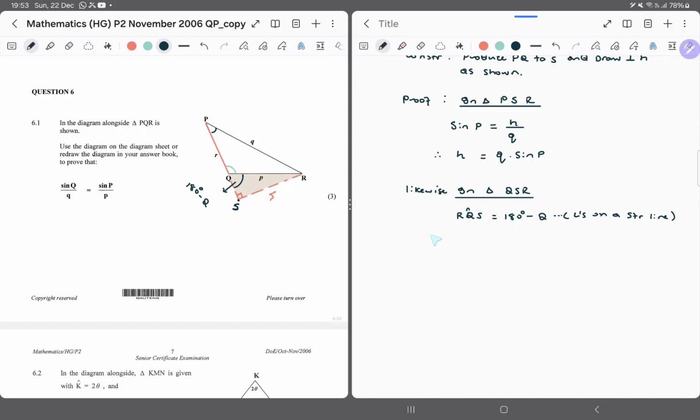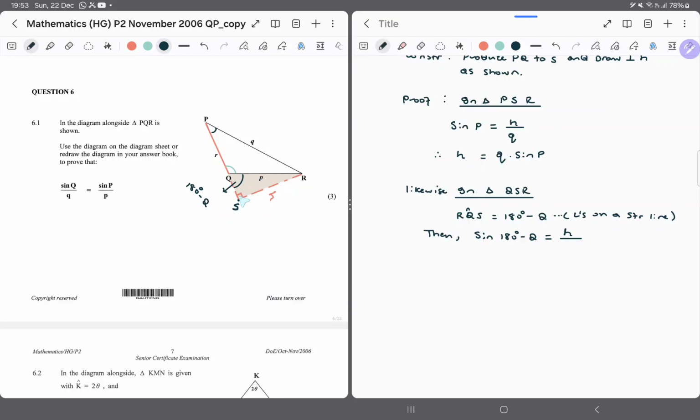We can say then, we know that sine of 180 degrees minus Q is going to be the opposite side, which is H, divided by the hypotenuse side.